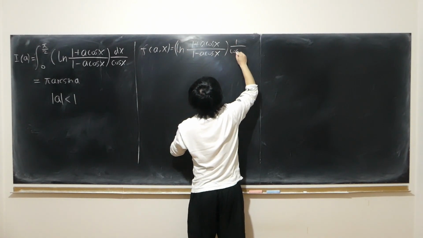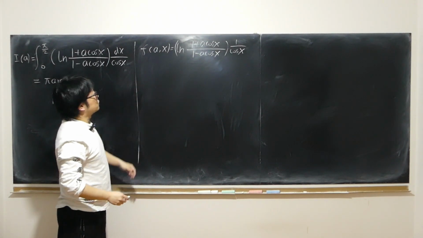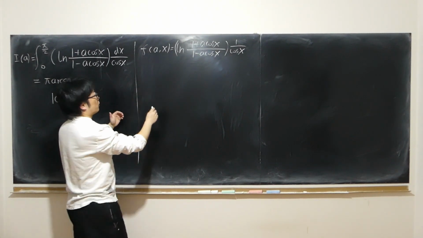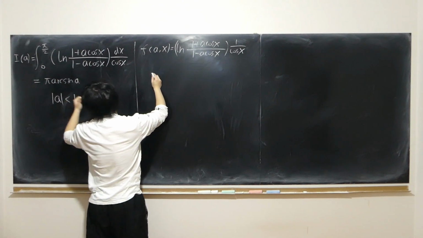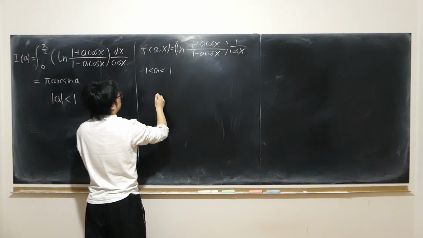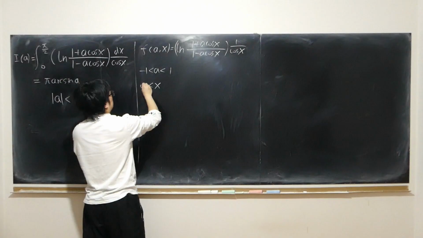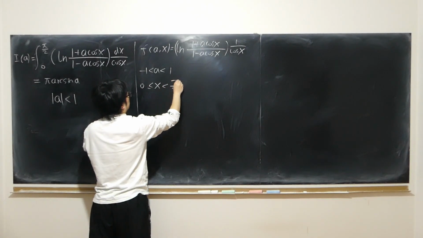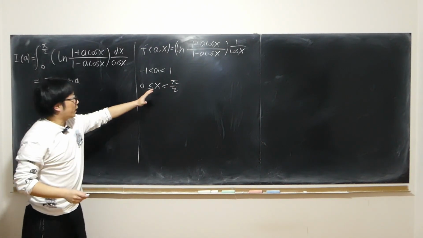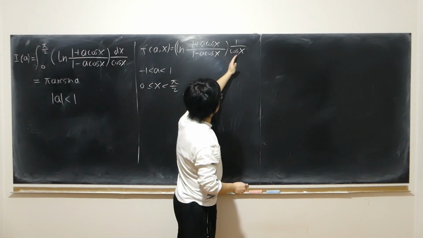It says, as long as this two-variable function is continuous everywhere in this rectangular domain, x from 0 and not including half pi, because when you have cos half pi, you have 0 down the bottom.